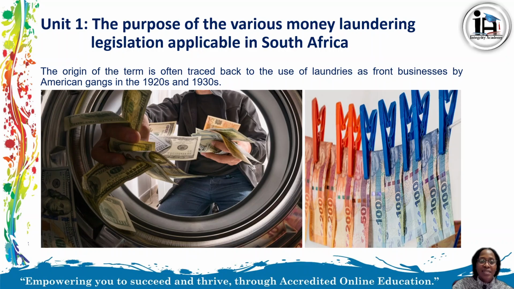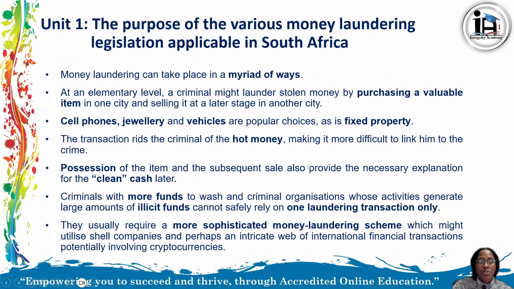You see what they did? They used to keep the dirty money in their washing machines and they would wash it. This is a true story and it happened, it's a fact. But let's continue. Money laundering can take place in a myriad of ways.